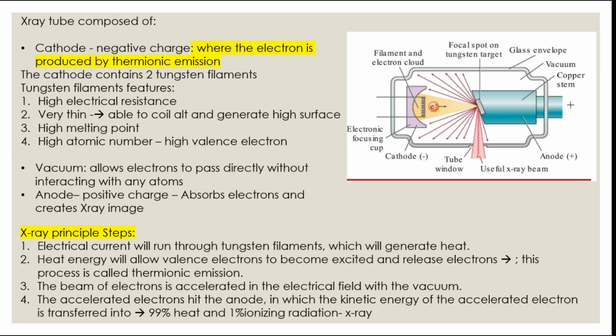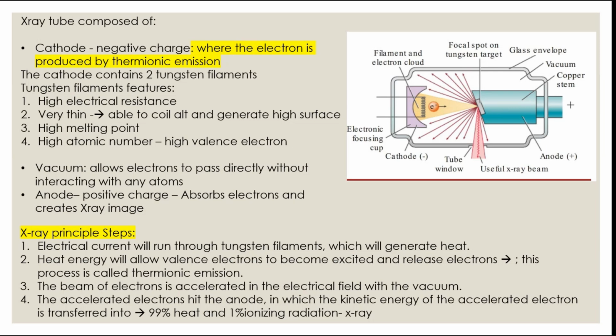In the cathode itself, there are filaments called tungsten filaments. These filaments have features that allow them to resist and last a long time without damage. They have high electrical resistance. They are very thin so they can coil a lot and create a high surface to create more electrons. The melting point is high and they have a high atomic number.